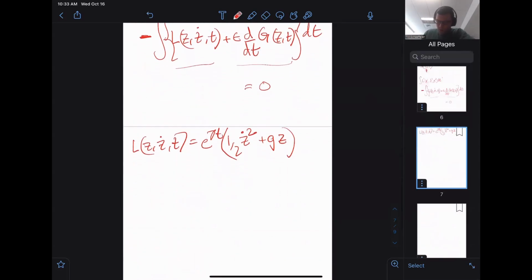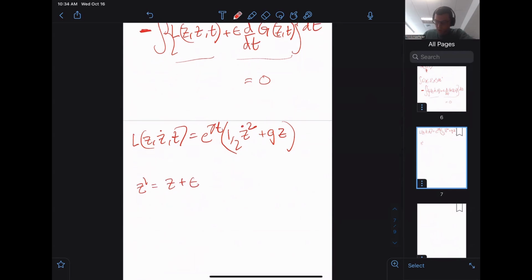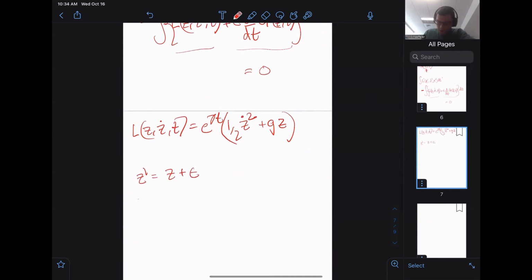This one is easy because z prime is equal to z plus epsilon, and z prime dot is just equal to z dot, because epsilon is a constant.